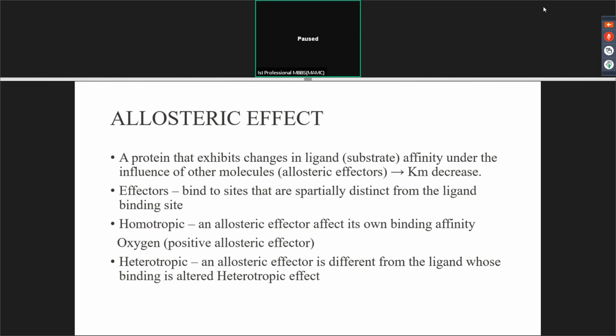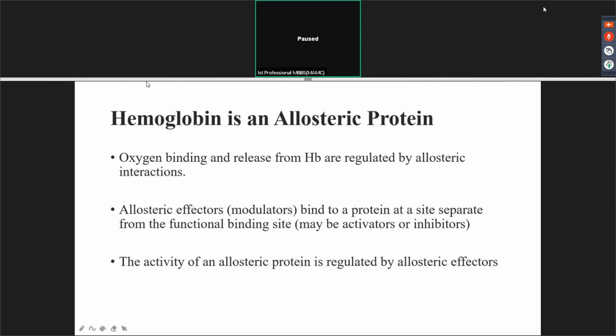One molecule of oxygen, when it binds with one heme moiety, it affects the binding of all the other heme moieties. Similarly, heterotropic means the binding of one ligand is affecting the binding of the other ligand, like 2,3-DPG, carbon dioxide, H plus ions, proton ions, they affect the binding of the rest of the oxygen moieties with the heme molecules. So hemoglobin is an allosteric protein.